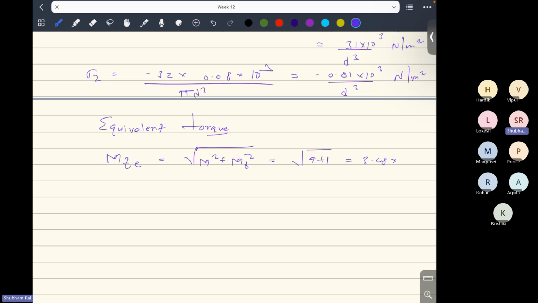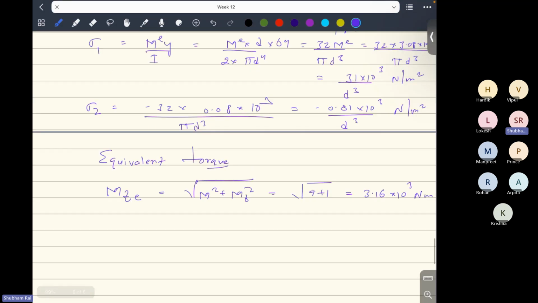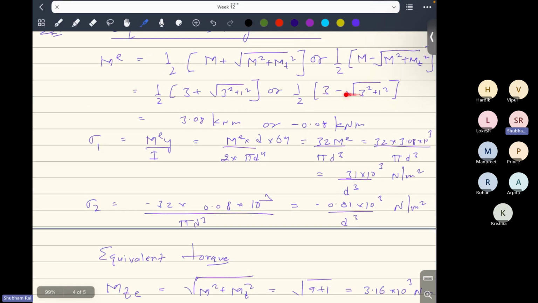So that is not 3.0, that is 3.16, into 10 to the power 3 Newton meter. That's why here you have 3.16 minus 3, which is 0.16, divided by 2 will be 0.08. Anyway.